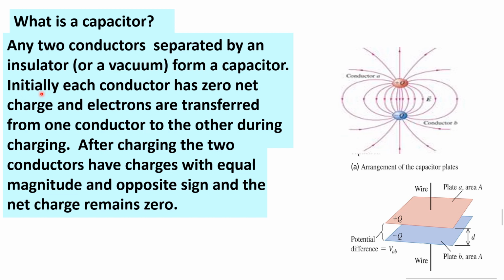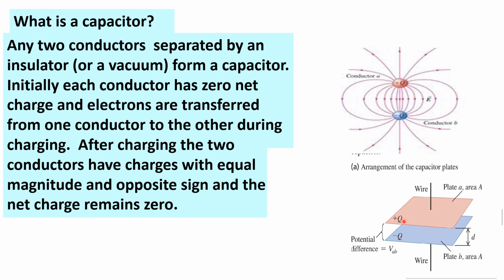But in most practical applications, initially each conductor has zero net charge, and the electrons are transferred from one conductor to the other during charging. As shown in the second diagram, when the two parallel plates are connected to a voltage source, such as a battery, the two conductors will have equal magnitude of charge and opposite signs.